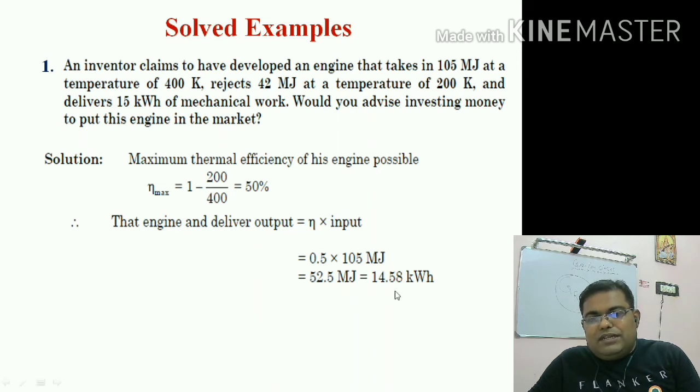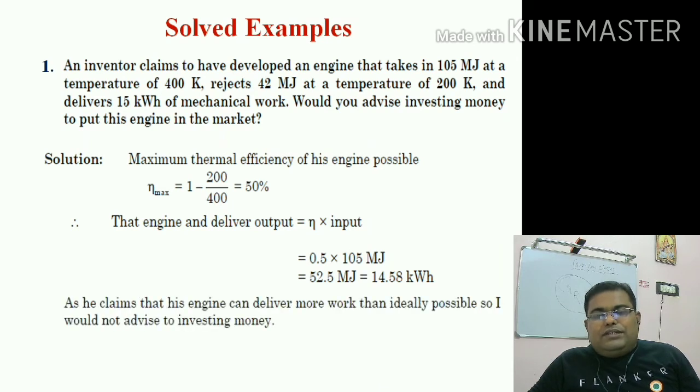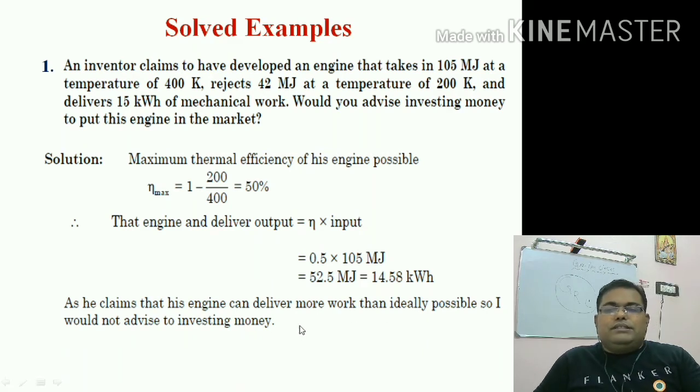In the reversible case, we get only 14.58, but he's claiming 15 kilowatt hours. So his claim is wrong. It will not be good to invest money to purchase this engine. The engine claims to deliver more work than ideally possible, so I would not advise investing money. His claim is completely false.